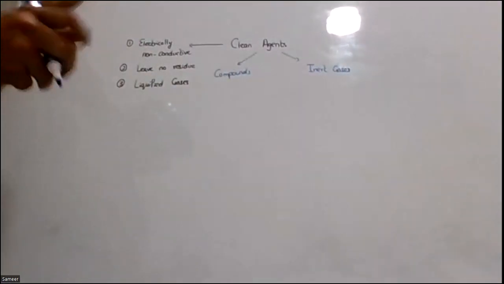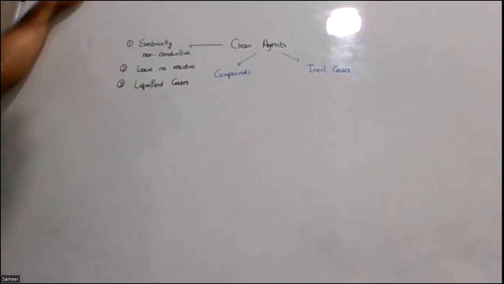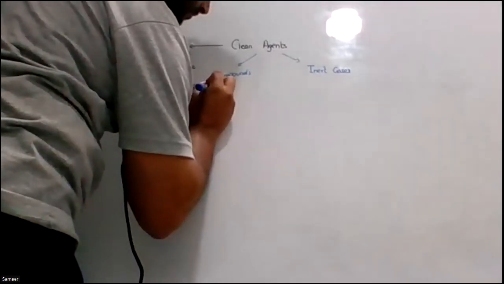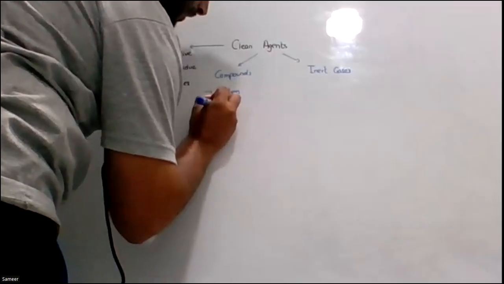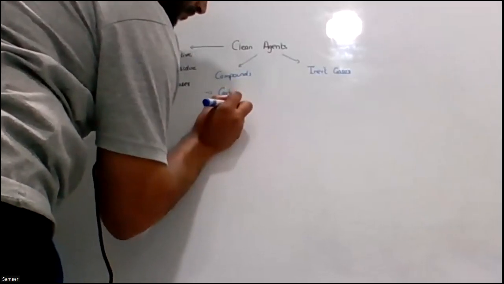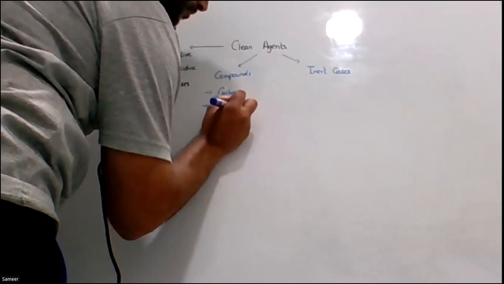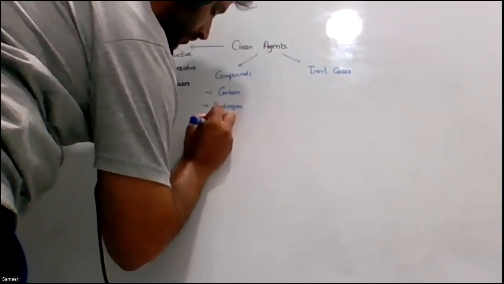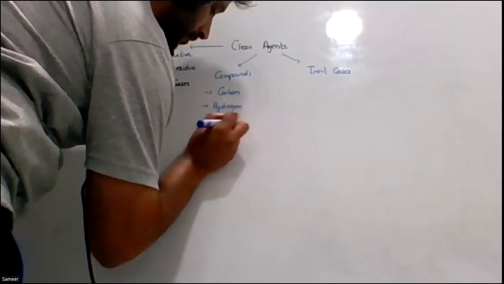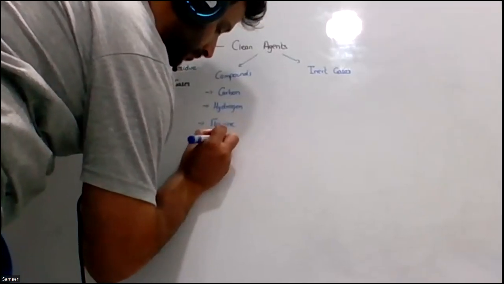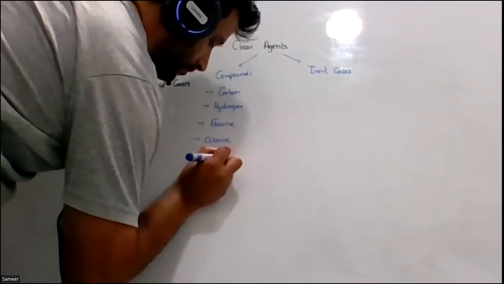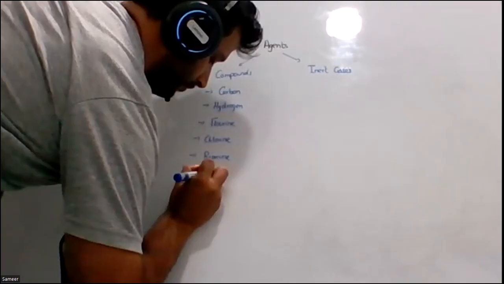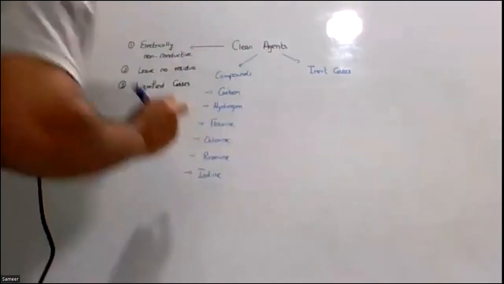When we talk about compounds, the halogenated agents include carbon, hydrogen, fluorine, chlorine, bromine, and iodine. So these are the compounds.